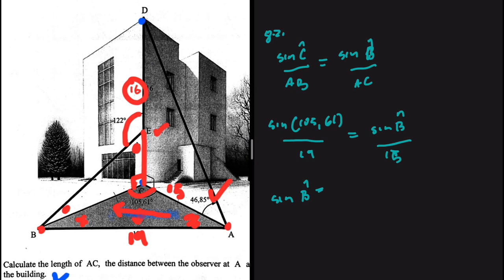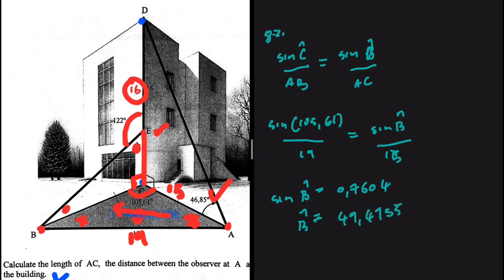Yes, and then I'm getting sine of B being equal to 0.7604. So B is equal to, let me take sine inverse here. When I do that, I get angle B being equal to 49.4955.